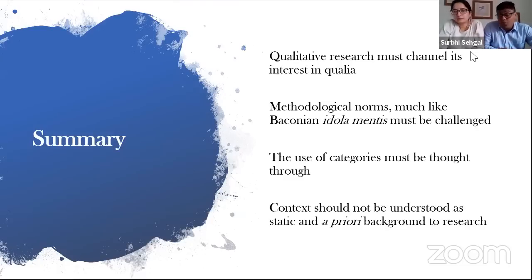The second point is that methods, like everything else, are shaped by norms, and the set way of doing certain methods influences how we do them currently. The example that we discussed was focus groups.